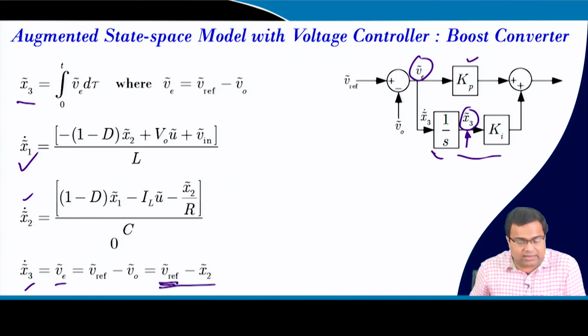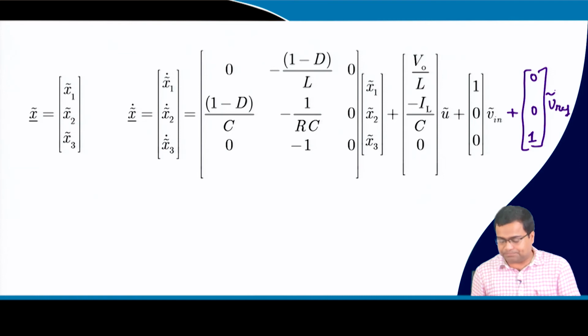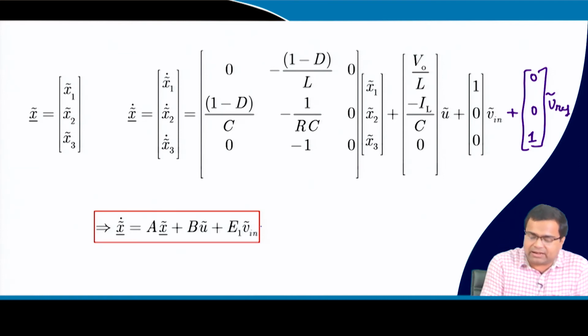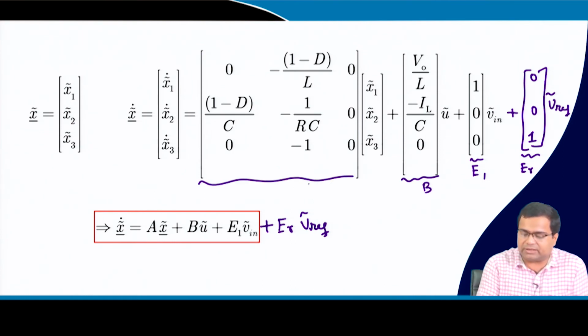So you can write one more term, 0, 0, 1 into Vref perturbation, okay. Then here you can write some ER into Vref perturbation, and this is my ER, this is my E1, this is my B, and this is my A, okay.